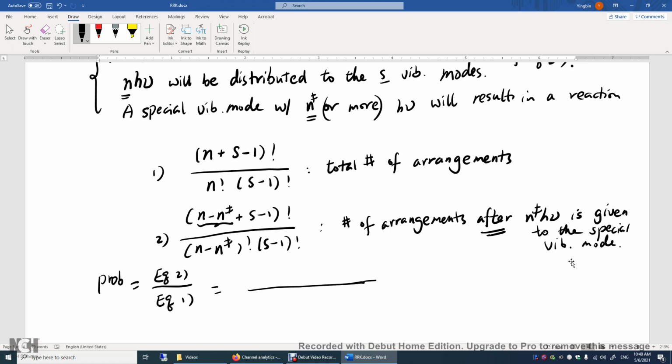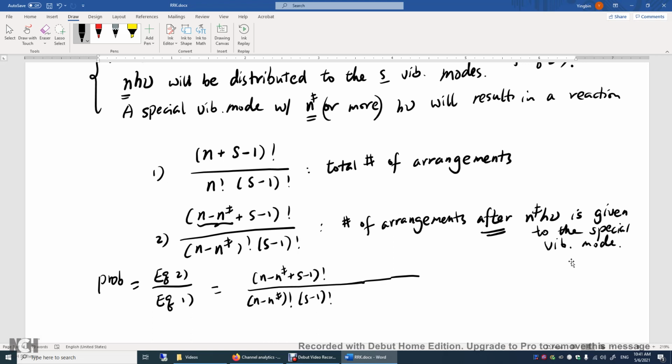So if we look at equation 2, this is on top, right? And N minus n double dagger factorial is on the bottom, right? And then equation 1.